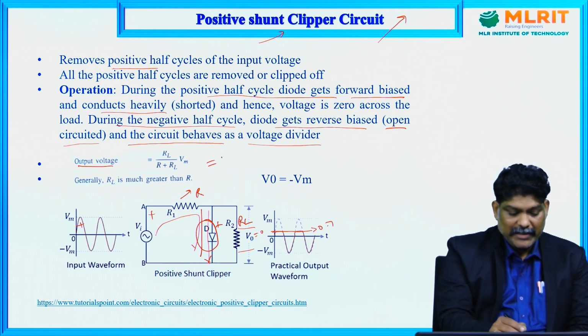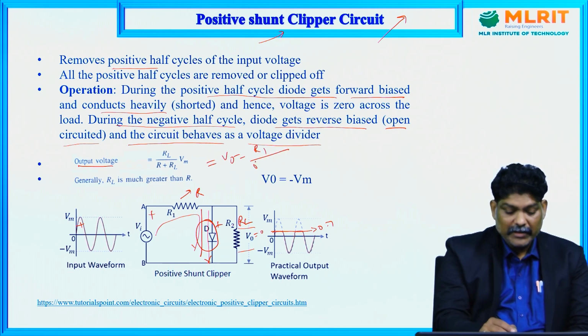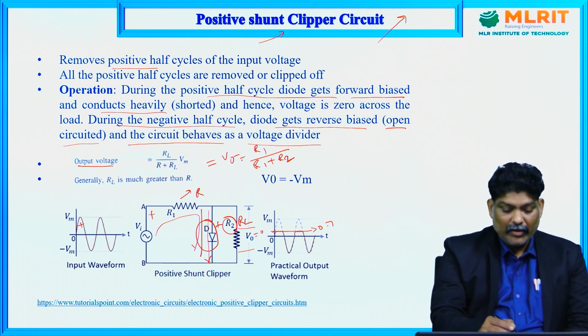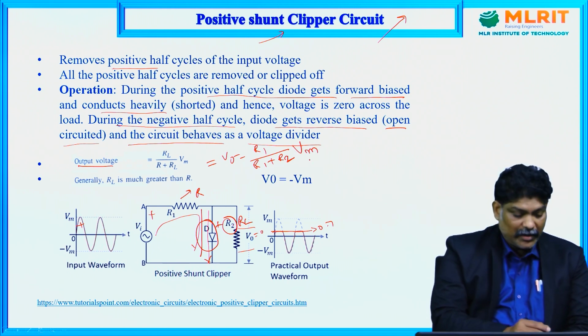Otherwise we can write this as output voltage V0 is equal to R1 by R1 plus RL, or you can say R2. So we have represented the load resistor here as R2. So V0 is equal to R1 by R1 plus R2 into the maximum voltage of the input.